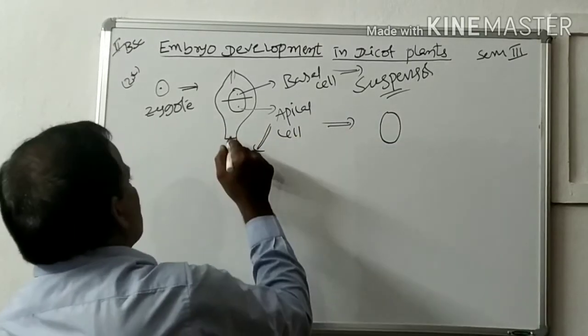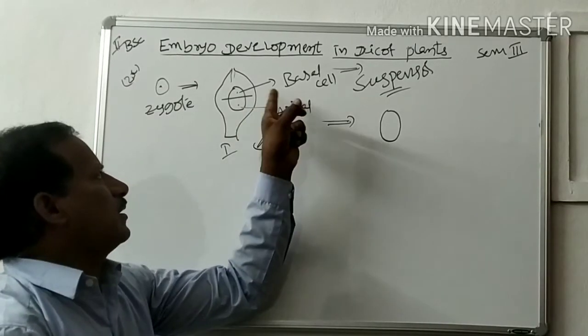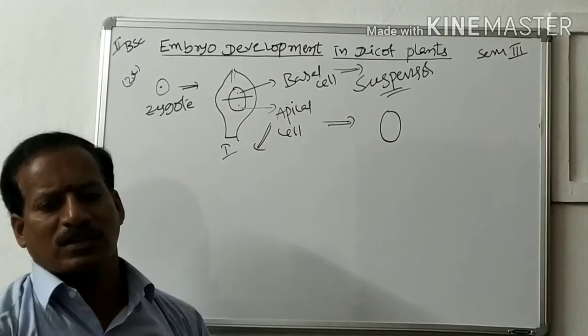So this is the first step. In the first step, the basal cell and apical cell, these two cells are in the embryo.